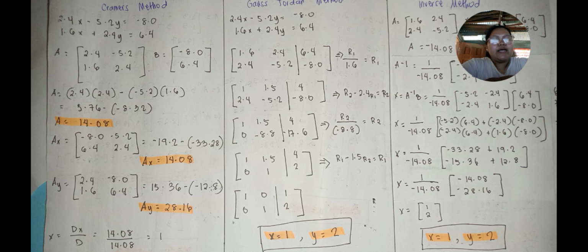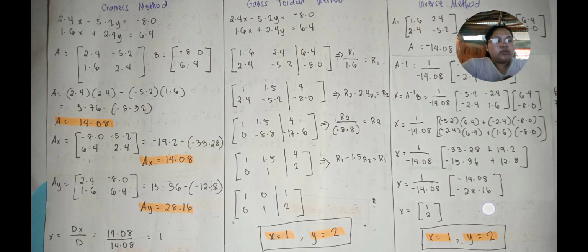So for the determinant y, we are going to replace column 2 with the given b. After that, we cross multiply, and it results to 28.16.